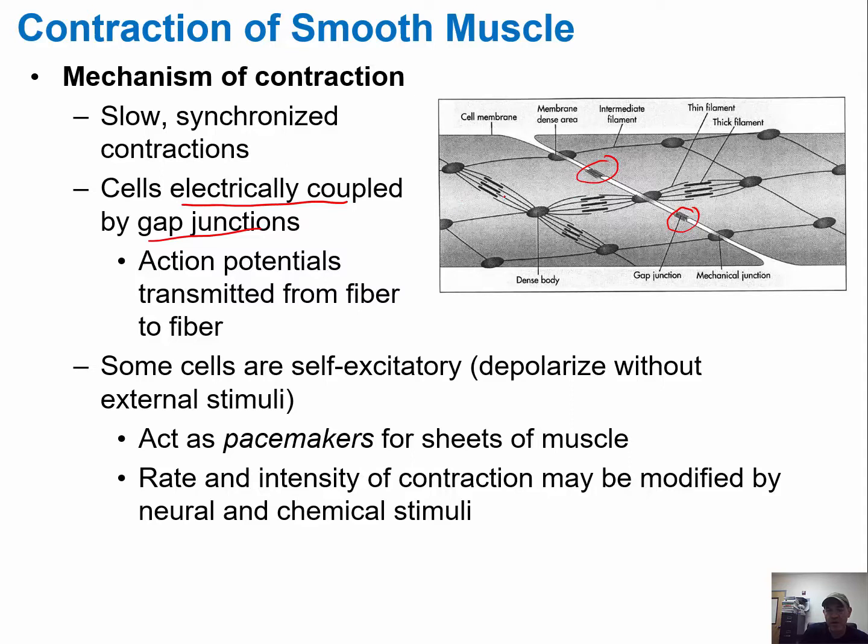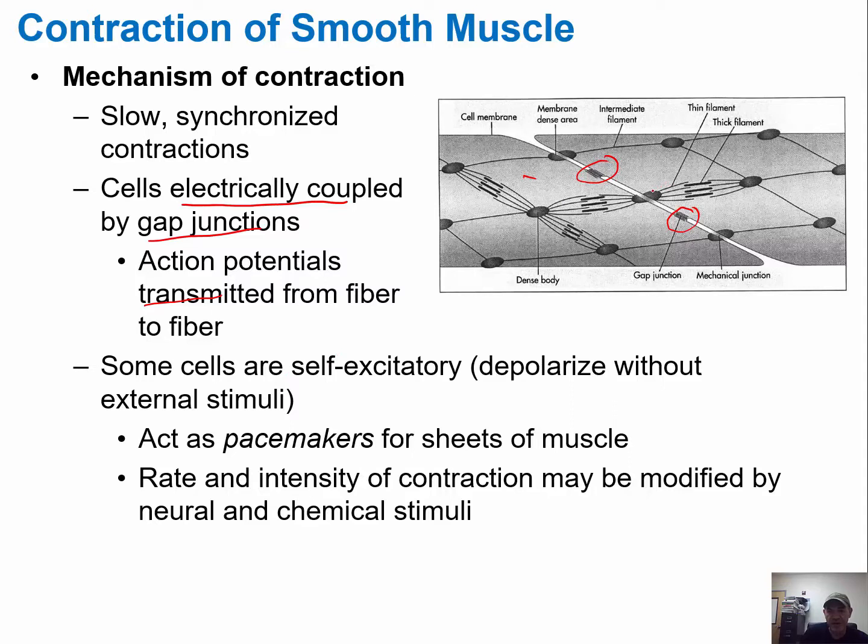So when the signal, the action potential, gets this smooth muscle cell on the left here to contract, it passes that signal on to the next muscle cell. So as this one's contracting, it's getting the one right near it to contract right away.